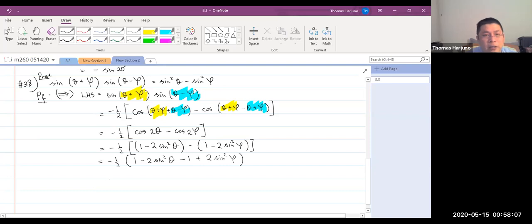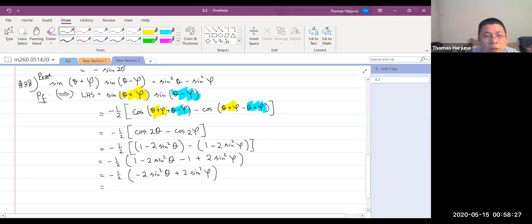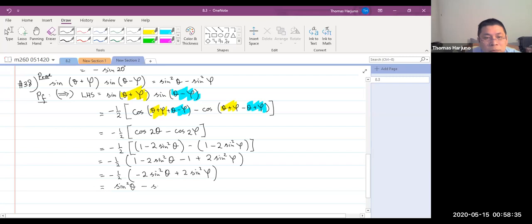The 1 cancels, right? So I get negative 1/2 times negative 2 sine squared theta plus 2 sine squared phi. Can we factor out the 2? Or we can distribute the negative 1/2, right? Yeah, either way you will get the same thing. Which is our right hand side. That's the end of the proof.